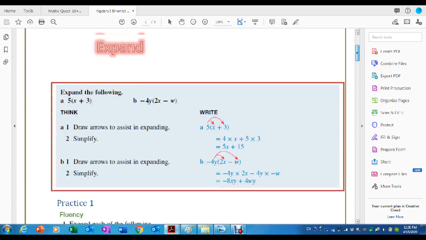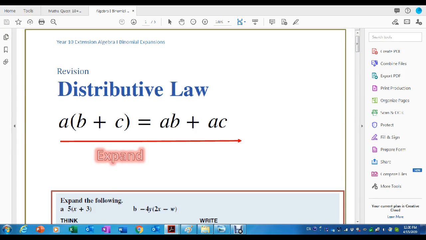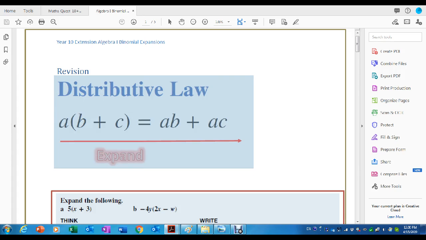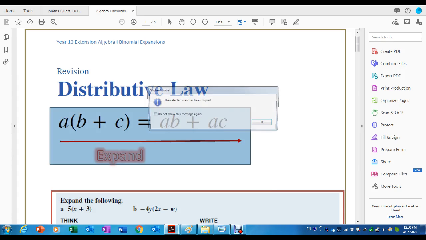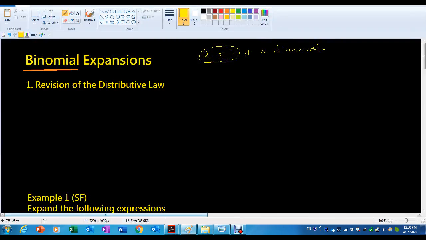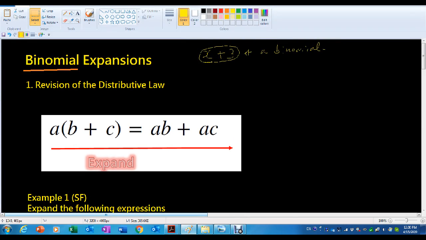So that's what we call the distributive law. It means you multiply a by a bracket of two things. Normally we skip the multiplication sign here, but actually it is a multiplication sign.